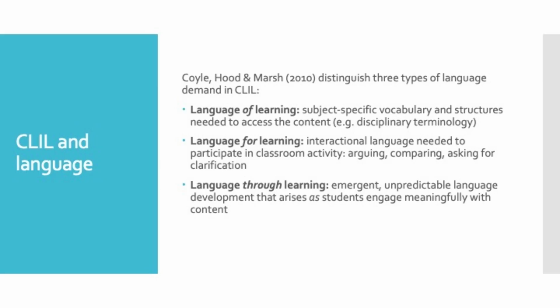This connects to a broader debate in second language acquisition. It is about the relationship between meaning-focused activity and formal language development. And it's a claim that has generated both support and skepticism in the research literature.